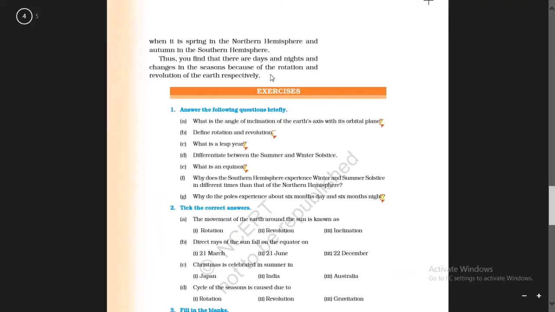Why does it occur? It is because of the rotation and revolution of the earth.